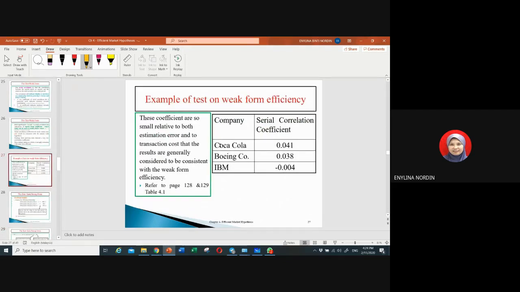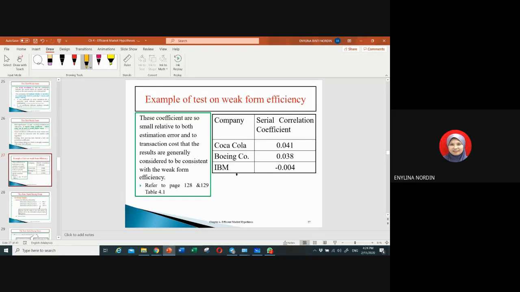The serial correlations were calculated for different companies. They calculated the serial correlation for many companies; you can see it on pages 128 and 129. You can see a number of companies' serial correlations calculated in this study, like Coca-Cola, Boeing, IBM, and others.